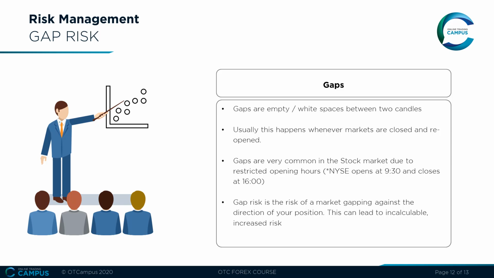Gaps are very common in the stock market due to the restricted opening hours. NYSE opens at 9:30 Eastern and closes at 4 p.m. Eastern. The gap risk is the risk of a market gapping against the direction of our position. This can lead to incalculable increased risk.